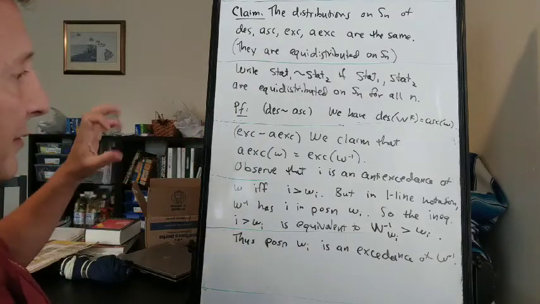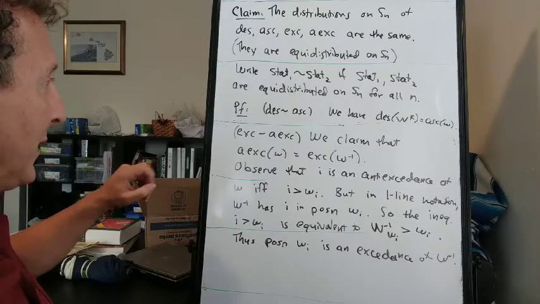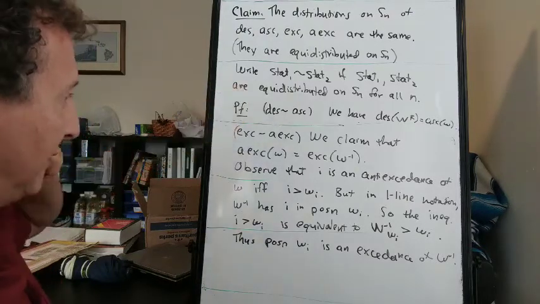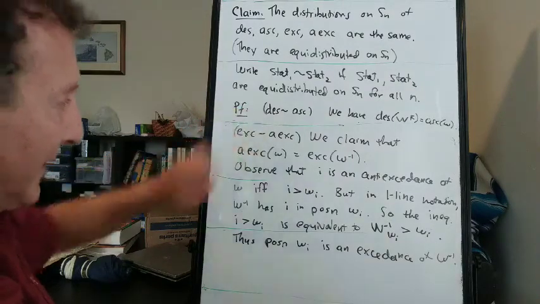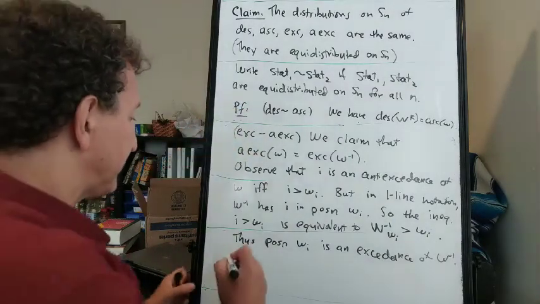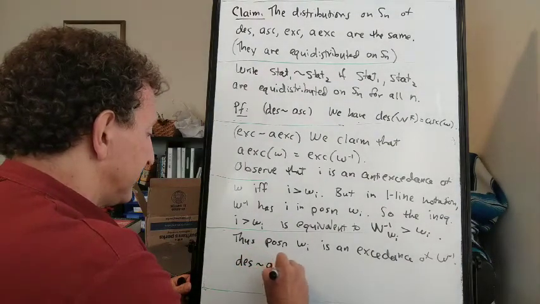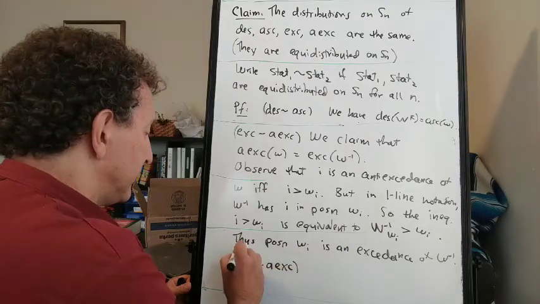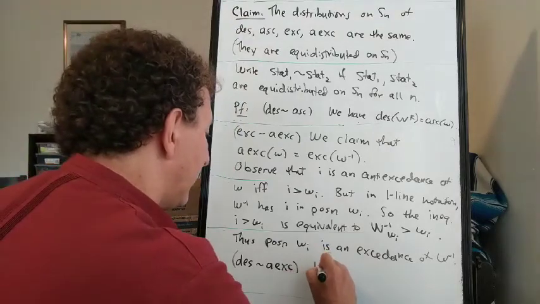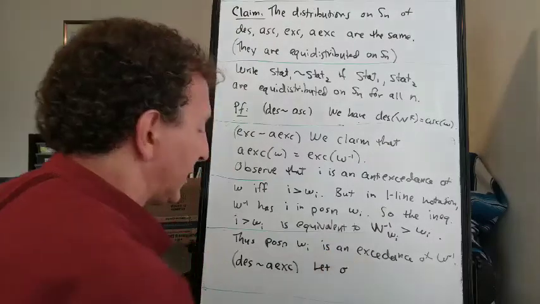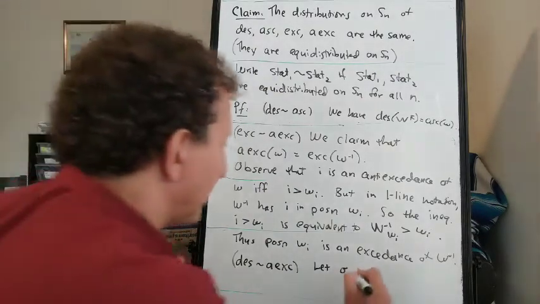All right, now the substantial part of the proof is showing that descents and exceedances are equally distributed. So we'll look at descents and anti-exceedances. Let sigma be the parenthesis erasing bijection that we looked at last time.